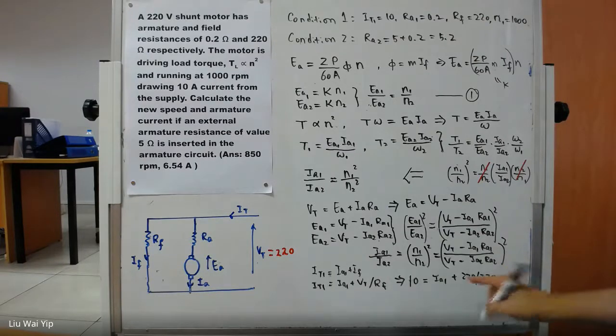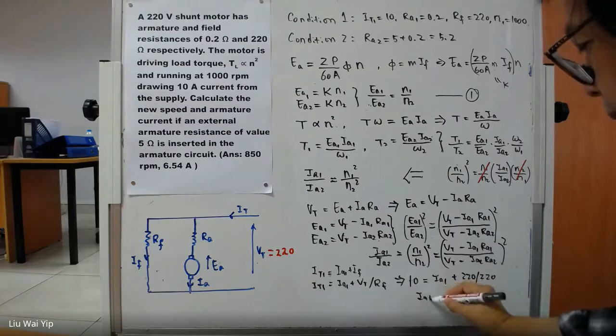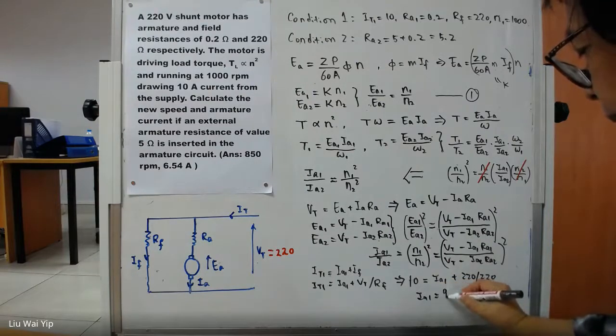So now we can safely conclude that IA1 is indeed 9 ampere.